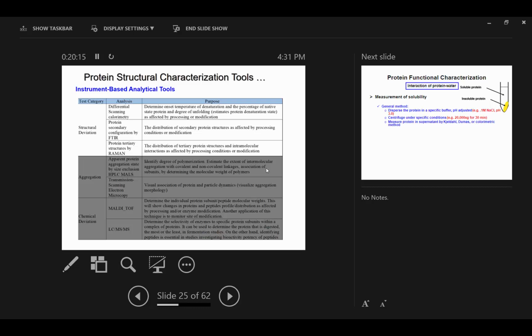Chemical deviation, that means changes in the protein, whether you hydrolyze the protein or you glycate your protein. You can use MALDI-TOF.